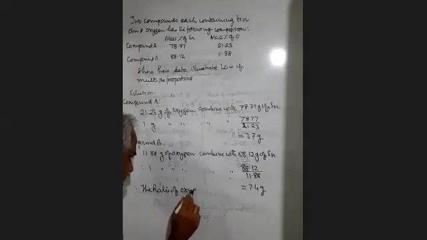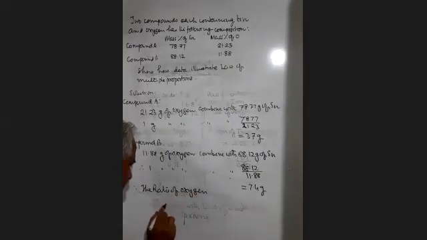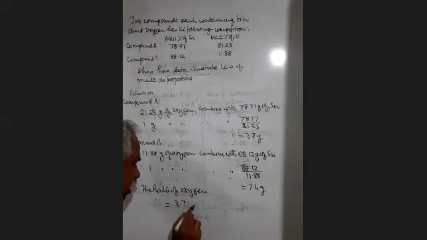So let us take the ratio. So what is the ratio here? Therefore, the ratio of tin is equal to what? 3.7 is to 7.4.